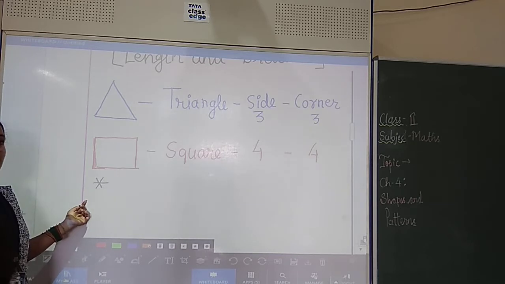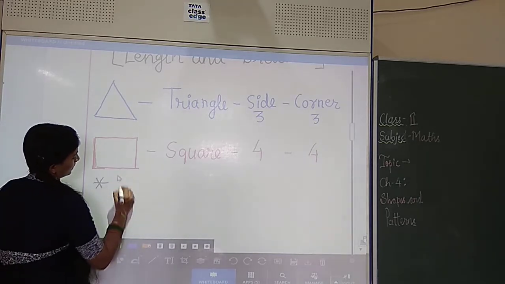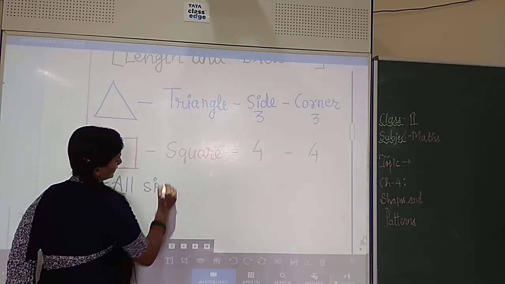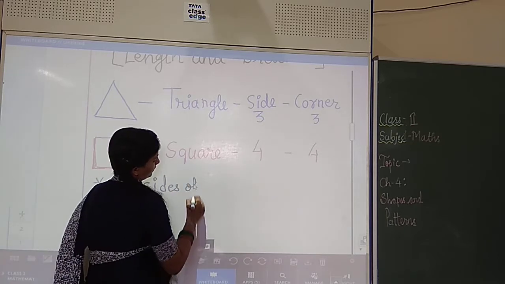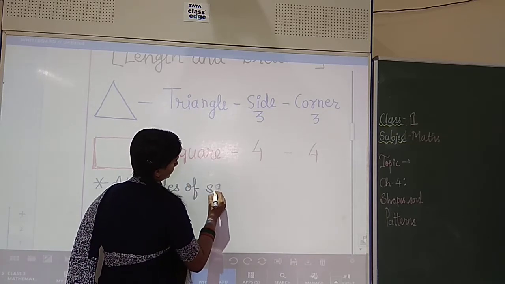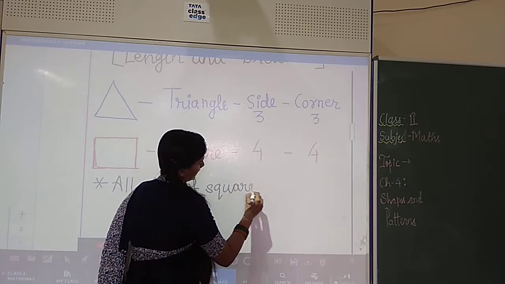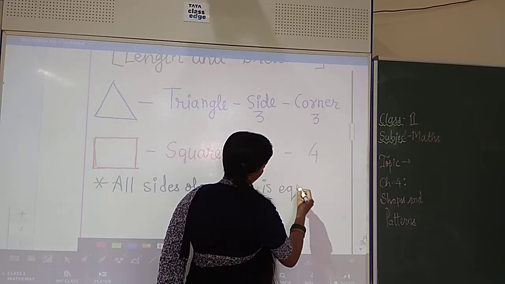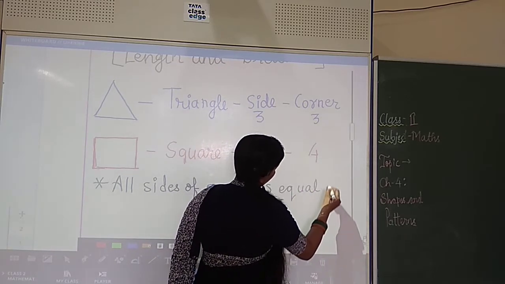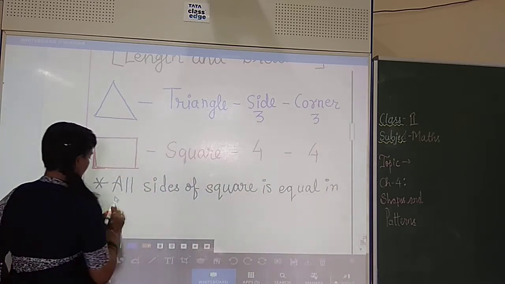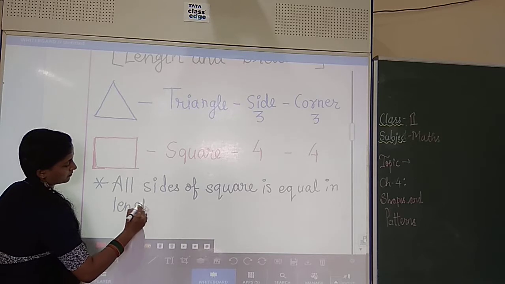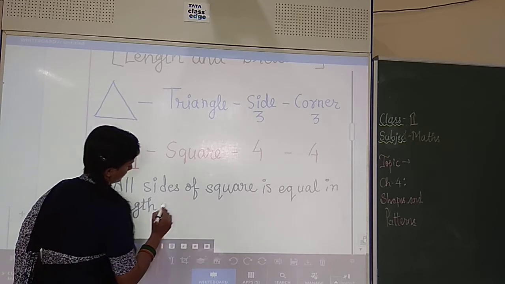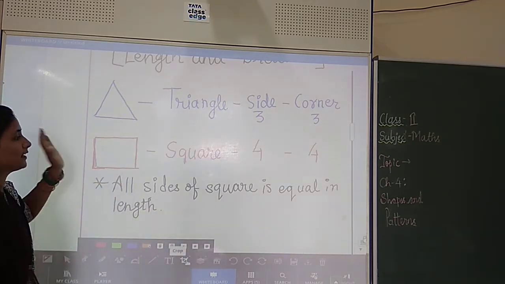The note point is: all sides of a square are equal in length. All sides are equal.